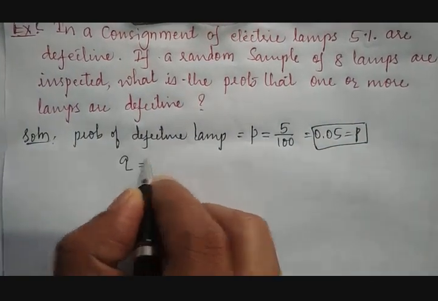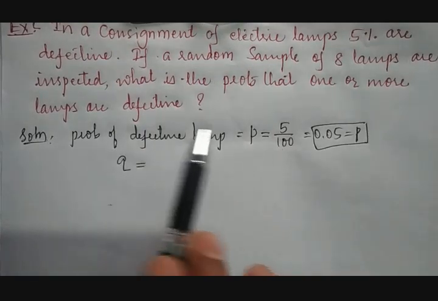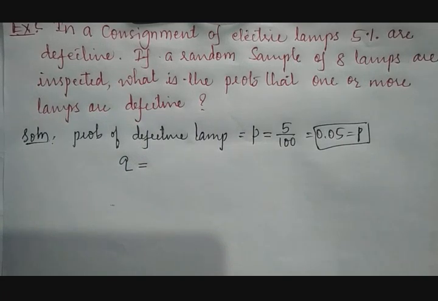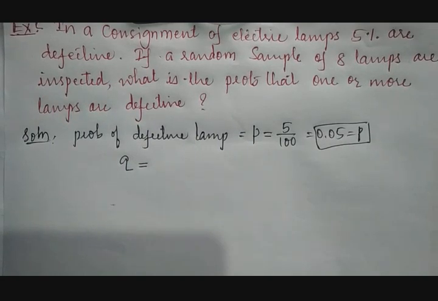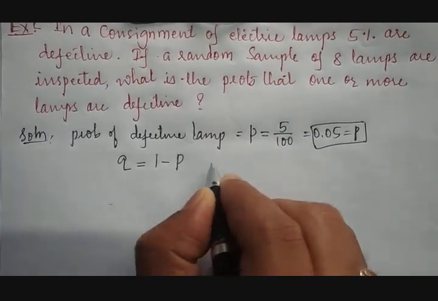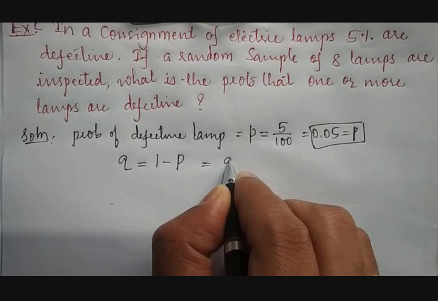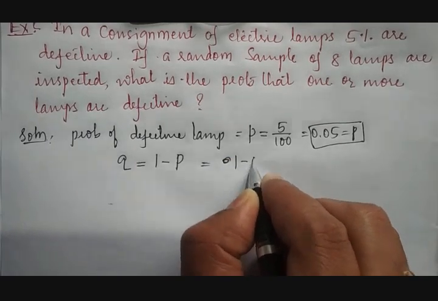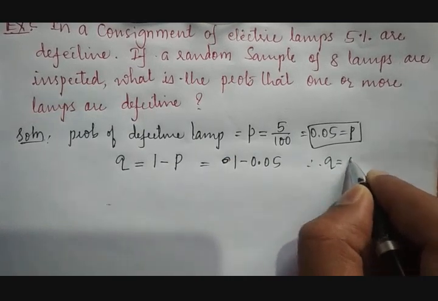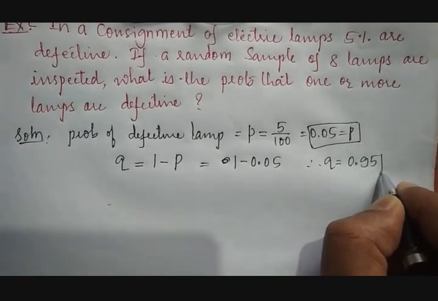Q is nothing but, if the success is getting a defective lamp, then failure will be getting a non-defective lamp. So Q is nothing but 1 minus P, that is 1 minus 0.05. Therefore Q is equal to 0.95.